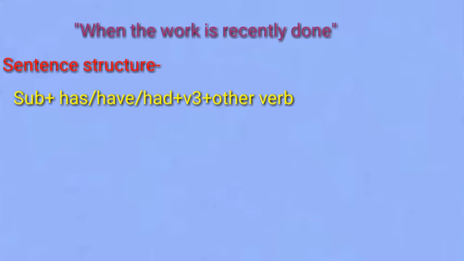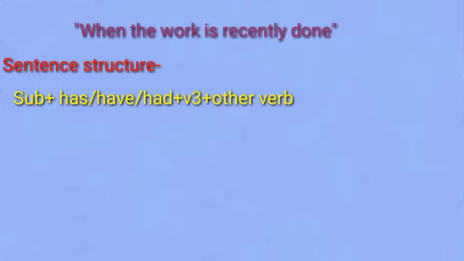I want to draw your attention towards the form of verb, which is the third. So here we are using the third form of verb.